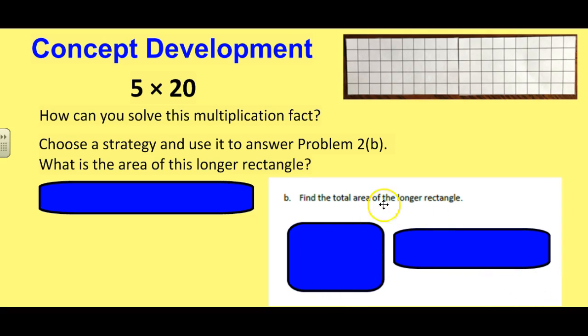So make sure that you're not just writing down what is the area of the longer rectangle, but actually write down the equation or the equations that you use to help you find the area of this longer rectangle. And make sure you're writing in the sentence what the longer rectangle is. Whenever you're ready to check your answer, you can push play.